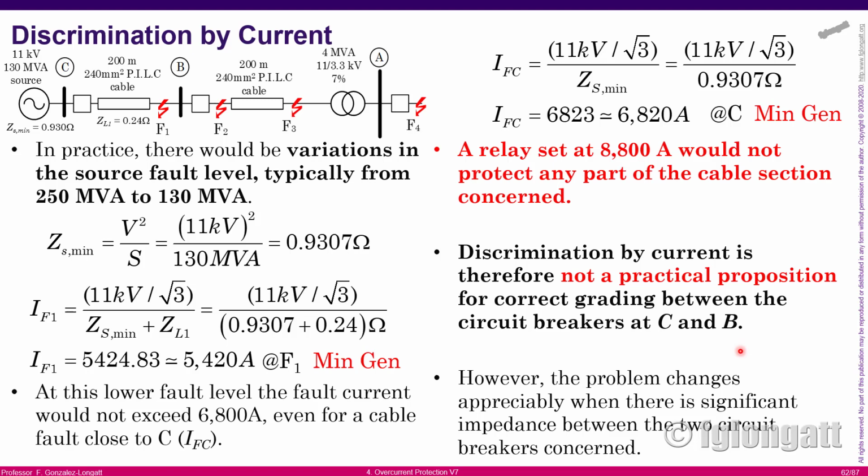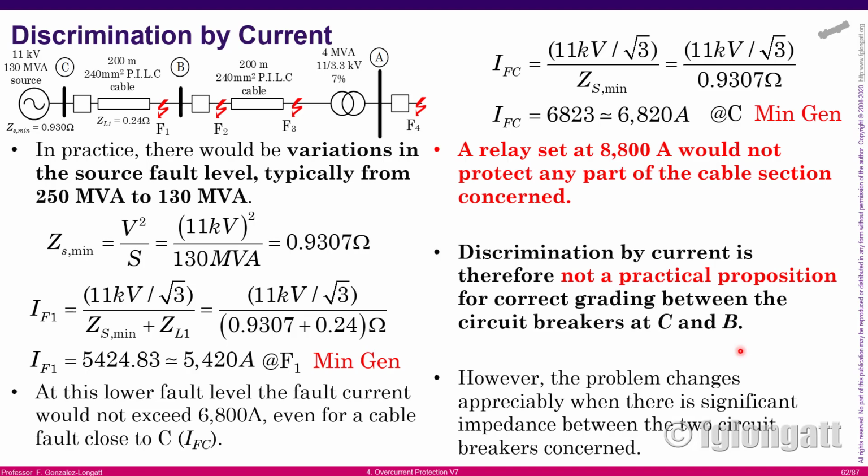I said a few slides ago that it's classical that the short circuit level changes, okay? One very specific situation is depending on the location. That is quite typical. If you are working in a radial system and you move from the tail of the feeder to the head of that feeder, I mean, going close to the generation, the short circuit levels increase.